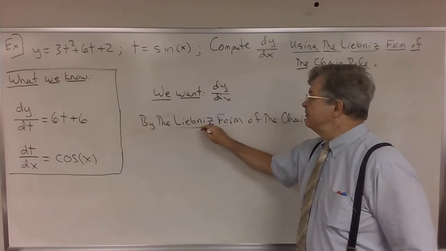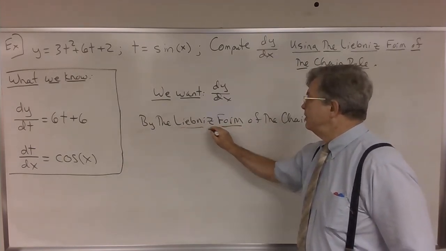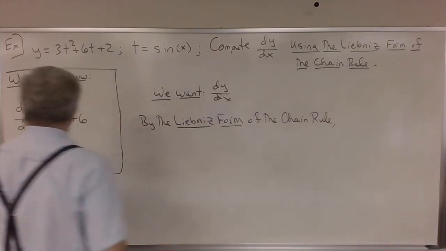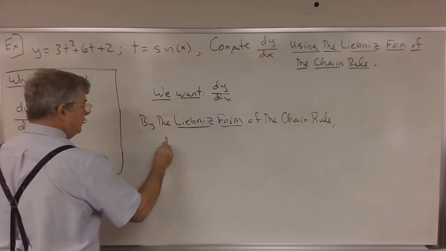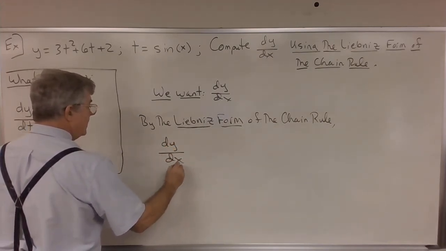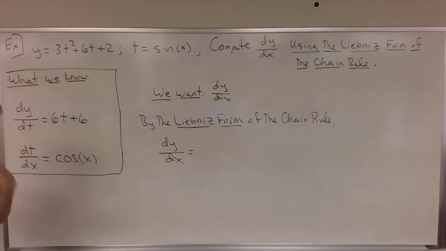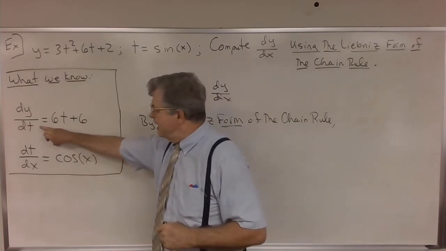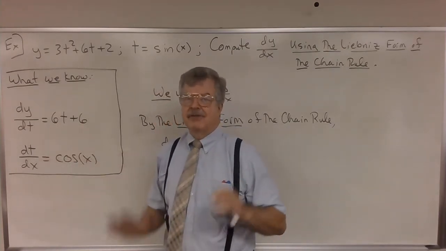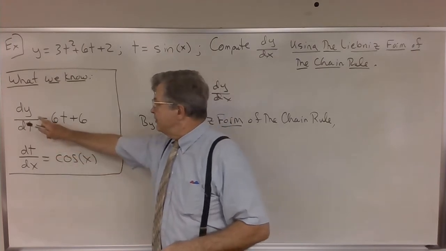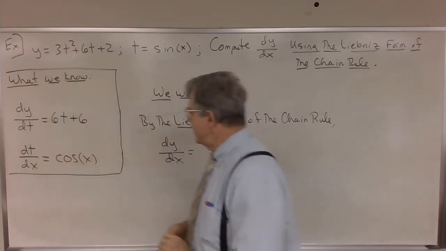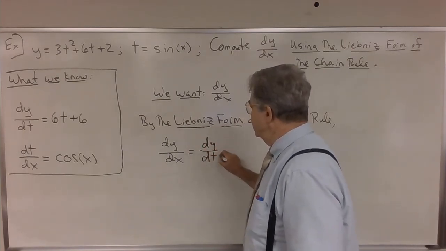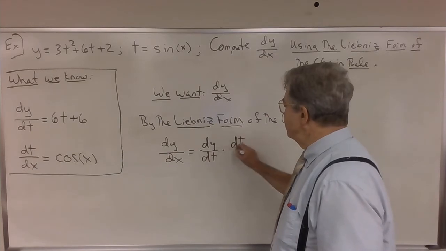And by the Leibniz form of the chain rule, well, this is what I want, dy/dx. And if there's any justice in this world at all, hopefully I can use one or both of these things. I'm hoping. So let's see, dy/dt and dt/dx. It sure would be nice if I could use those things, especially since I know what they are.